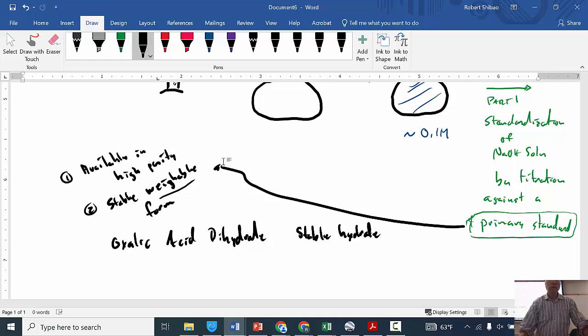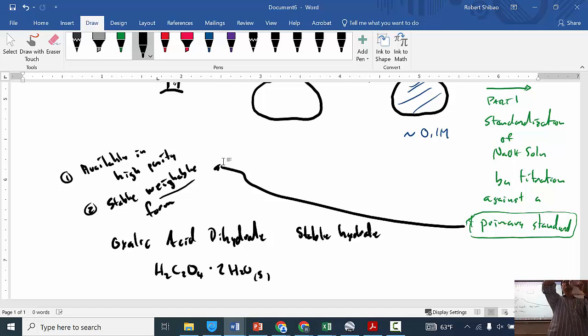Give me the formula for oxalic acid. H2C2O4 dot 2H2O. This is a solid. So we weigh about 2.5 grams, and I recommend that you use a beaker. I don't recommend you trying to put it in this.